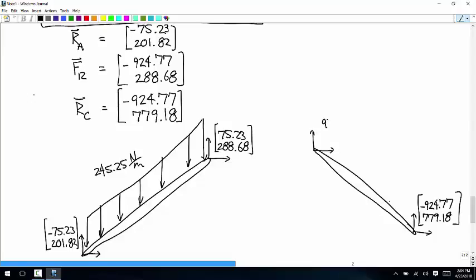So that's positive 924.77, negative 288.68. And then we have the distributed load representing the weight, which is 245.25 Newtons per meter.